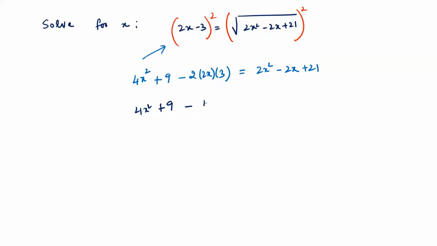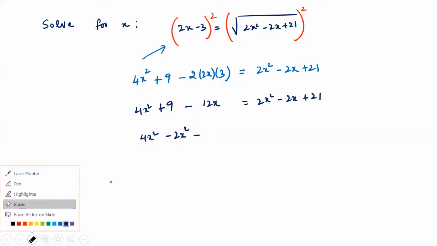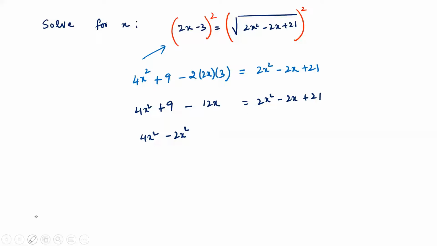So we get here 12x. Now transpose the terms. Now you have 4x square minus 2x square plus 9. Sorry, not plus 9. I'll take the middle term here. It is minus 2x now. Minus 12x plus 2x plus 9 minus 21 equal to 0.